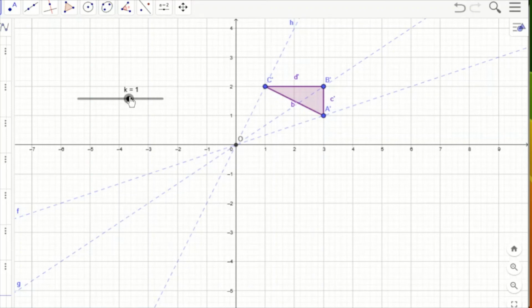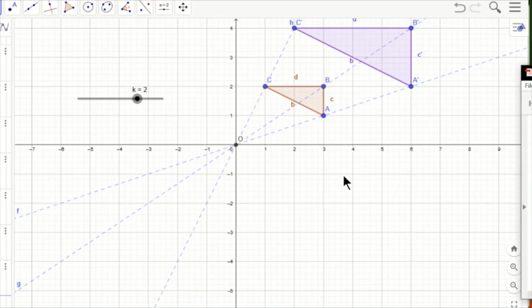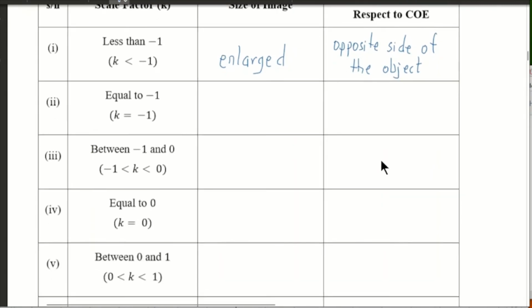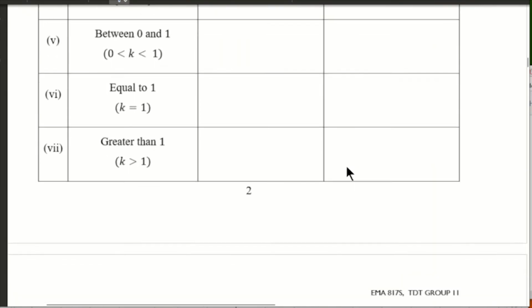And when the scale factor is greater than 1, for example, a scale factor of 2, you'll notice that the image size is increased and it is at the same side of the object with respect to the center of enlargement. So you can go ahead and fill this table in activity 1.